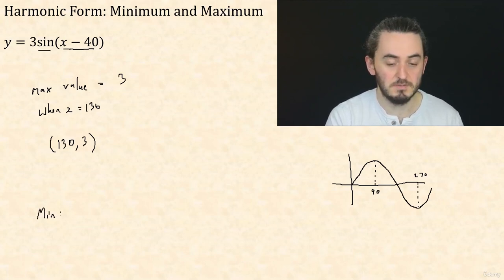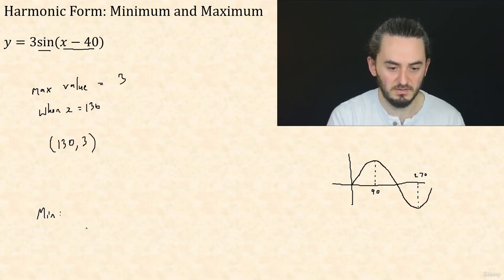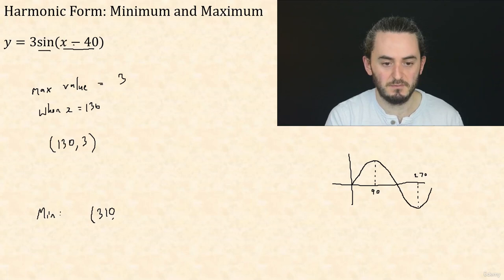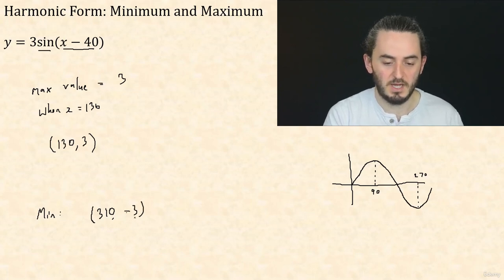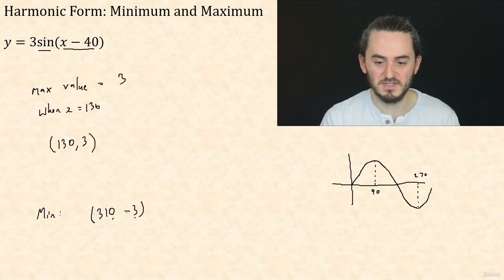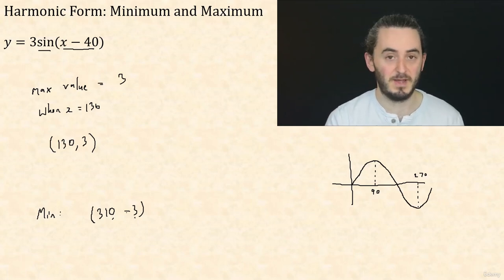So x better be 310. And when x is 310, the stuff inside the bracket is 270, sine of 270 is minus 1, and 3 times that is minus 3. So no differentiation required, no derivatives equal to 0, no stationary points, just thinking about how big a sine graph gets.